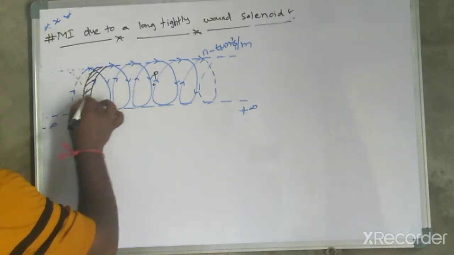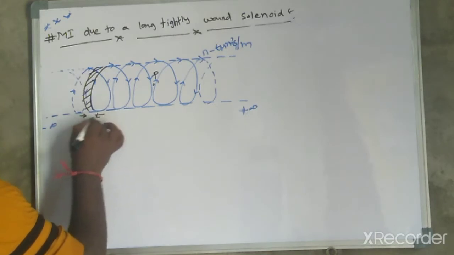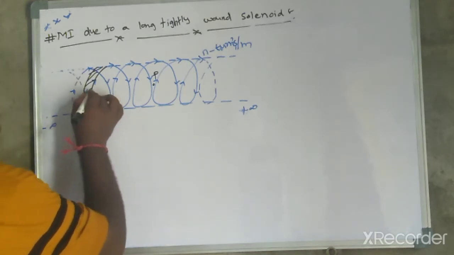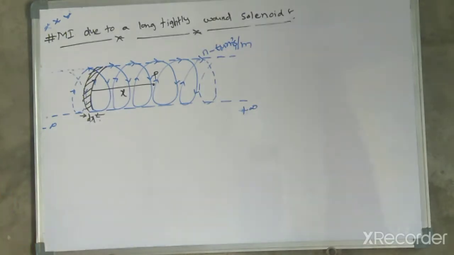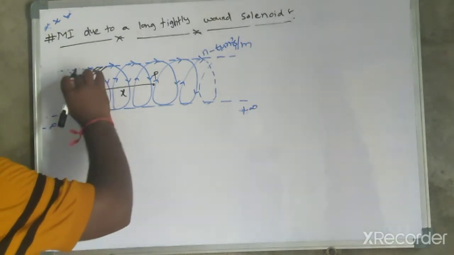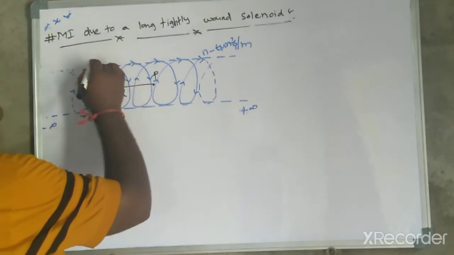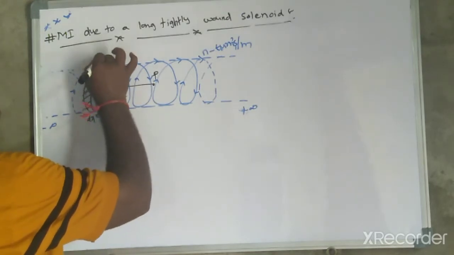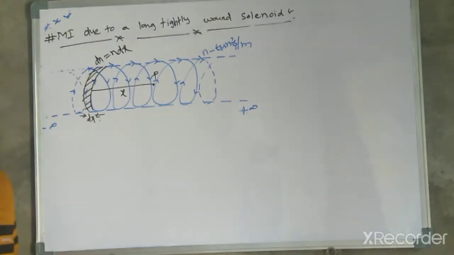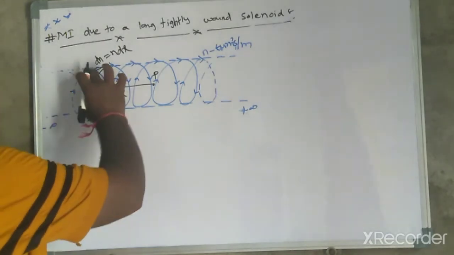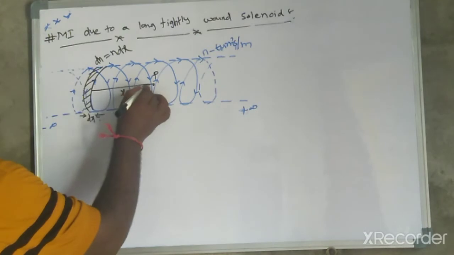This small elemental has width dx, and the distance let us consider as x. In this small elemental the number of turns is dn, and dn is equal to n into dx.